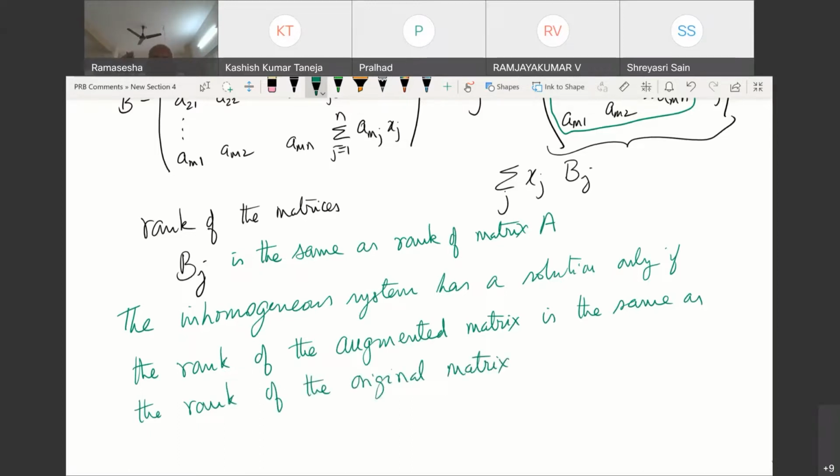Otherwise it means the system of equations is incompatible, and so you cannot solve it. Okay, so this is the condition for solution of a general inhomogeneous system of algebraic equations. Any questions?